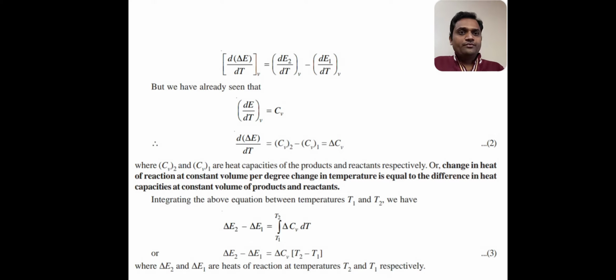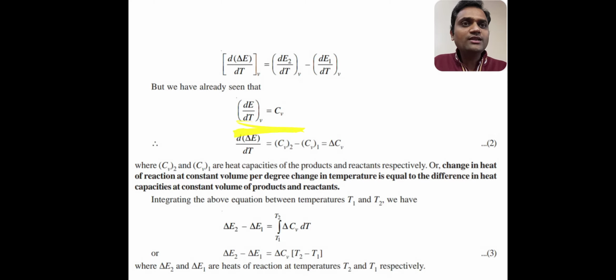Now we should know that dE upon dT at constant volume is equal to Cv. This equation has a previous reference, but we have not studied that reference in this chapter. You have to remember that dE upon dT at constant volume is equal to Cv.